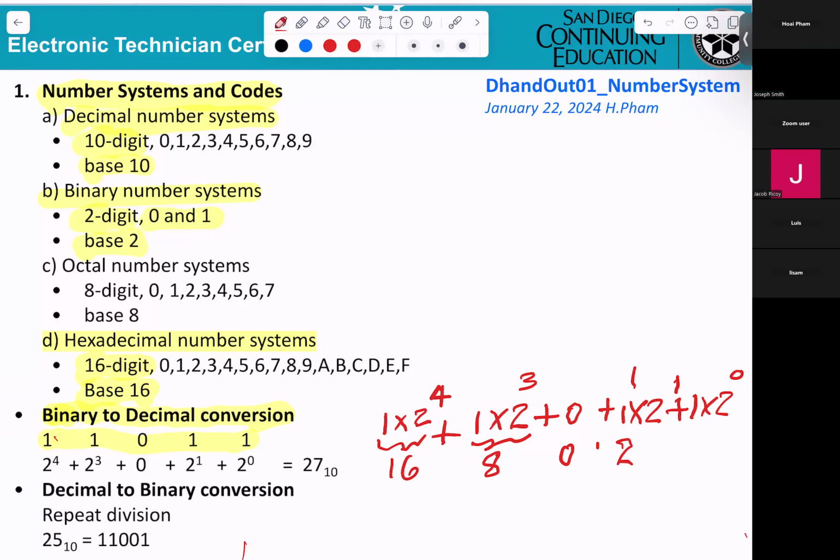And the last one, 2 power 0 is 1. You add them up. So 24, 26, 27. Base 10.